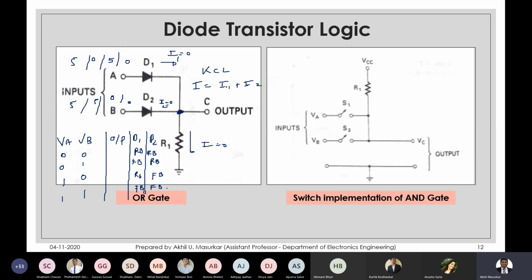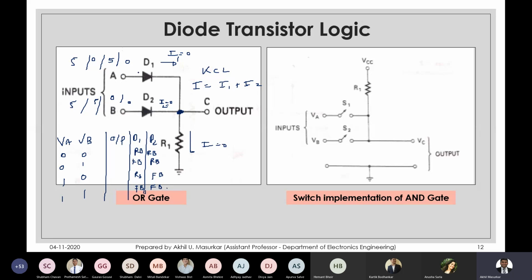I hope you have not forgotten what I have taught you in BEE, at least the KCL and KVL. So that holds true here also, because this is a node and these are the branches of the circuit and they form a closed loop. So that's the reason why at a node in a circuit, by KCL, I is equal to I1 plus I2.